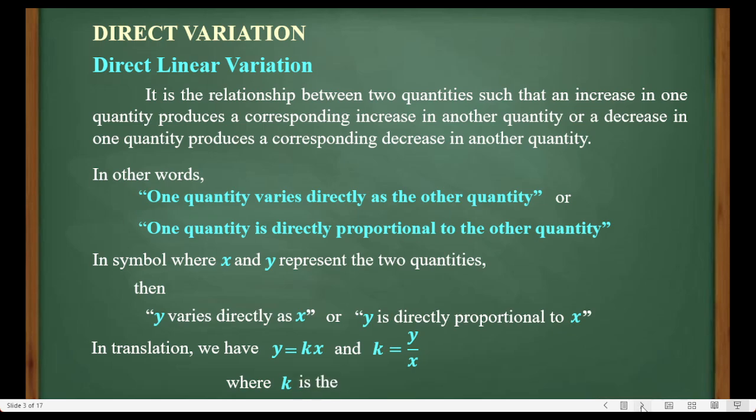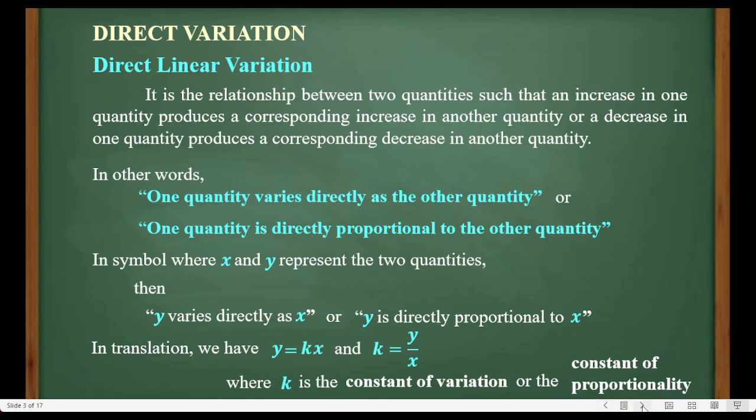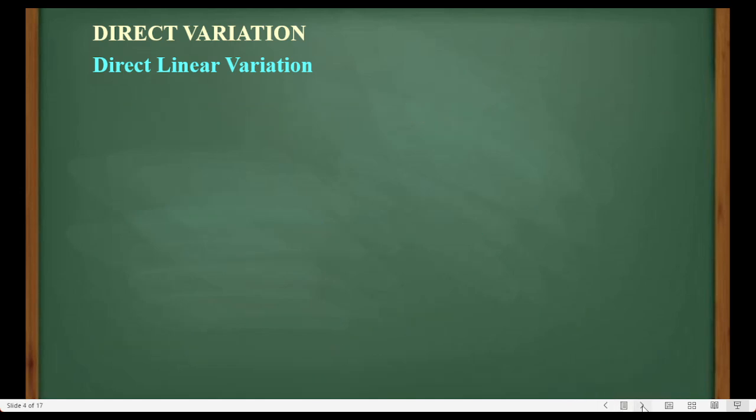And again, where k is known as the constant of variation. Or we can also say that this is the constant of proportionality. Okay? Next.